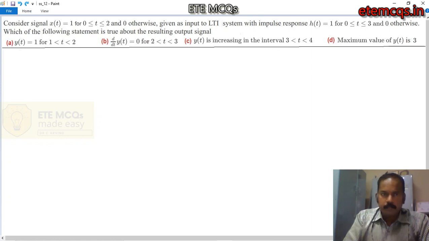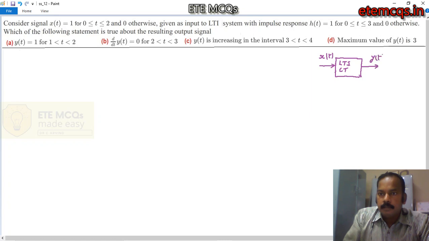Now we already know that. Before we proceed further, let us have a small recap on an LTI system. The input to an LTI-CT system is given as x of t and the output is represented by y of t. The system has an impulse response, which uniquely characterizes the system, represented by h of t.